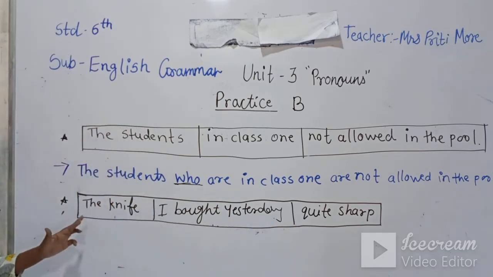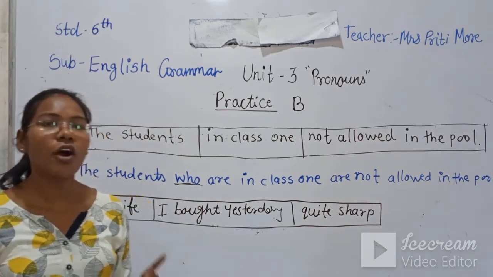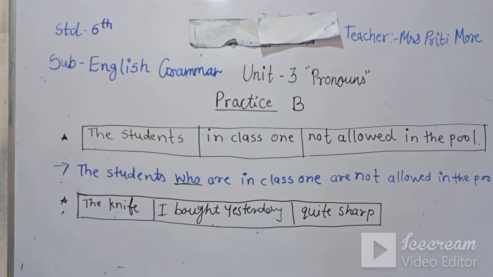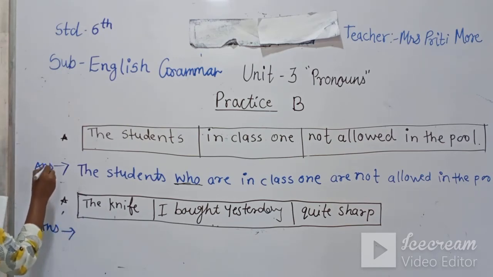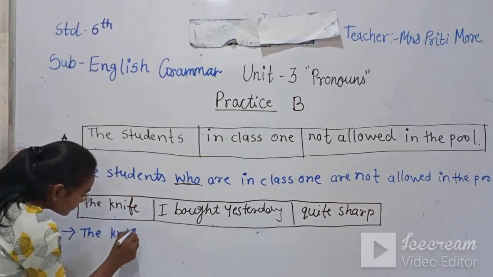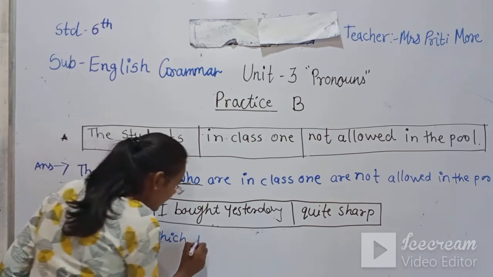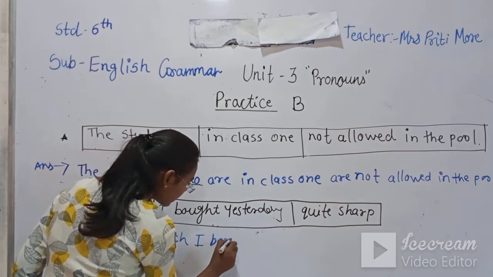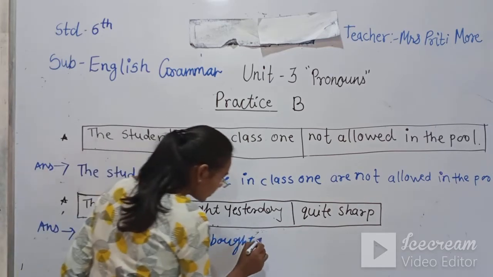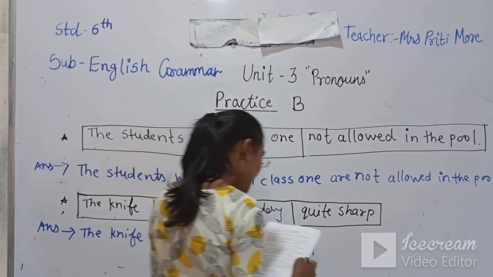Now the knife, this is non-human being, and for non-human being what do we use? Which or that. So let's use the appropriate relative pronoun. The knife which I bought yesterday is.